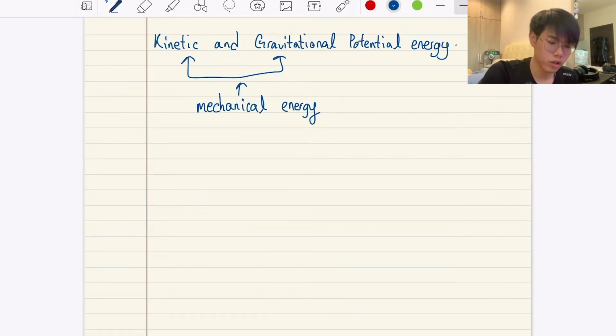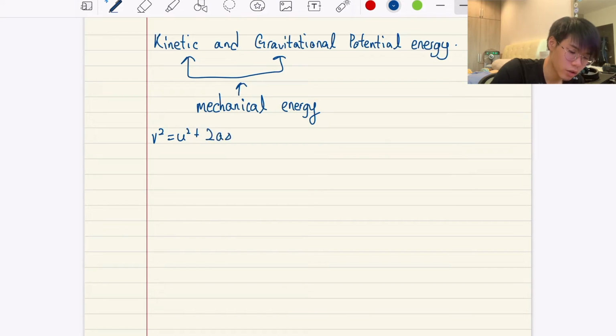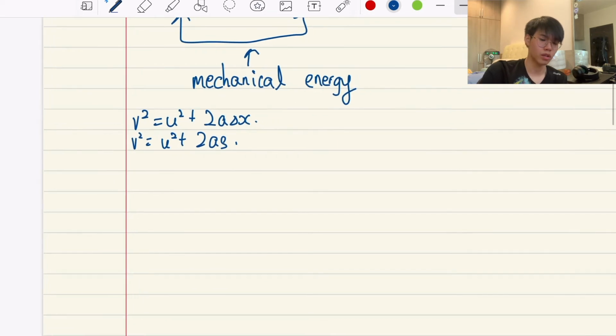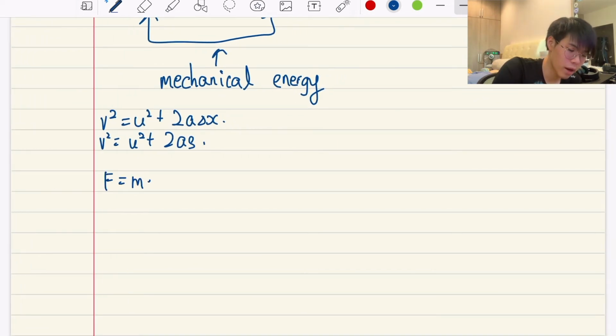Where does kinetic energy come from? Kinetic energy comes from the kinematic equation, which is v squared equals u squared plus 2a times the change in displacement. Here you can also use another symbol called s, which is v squared equals u squared plus 2as. It depends on you. Another equation used to derive the kinetic energy equation is F equals ma, from Newton's second law.